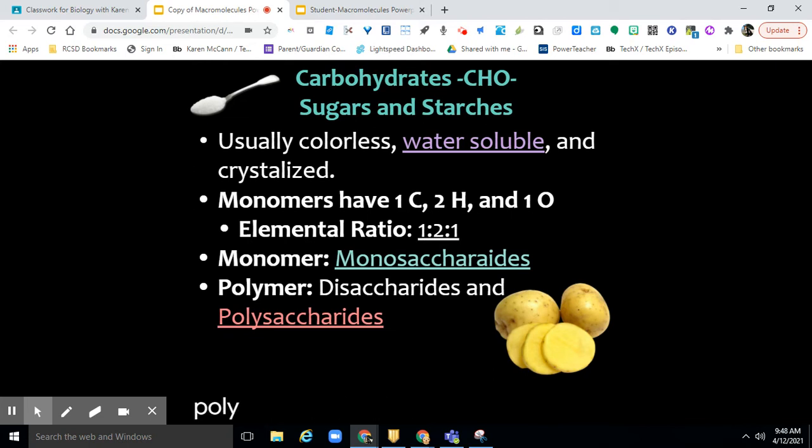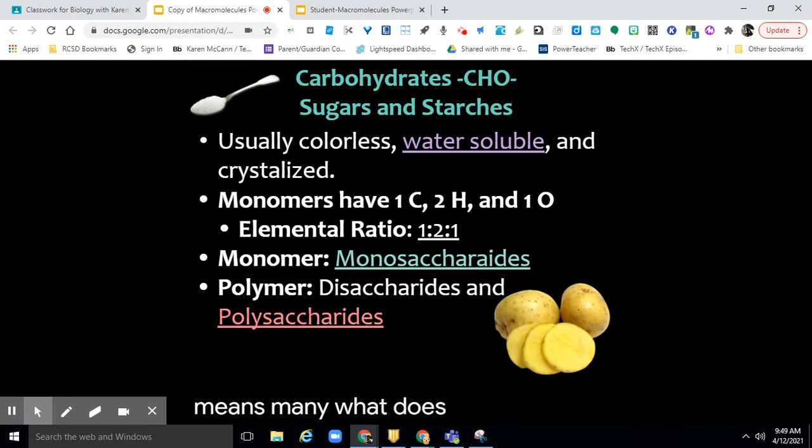The polymer of carbohydrates are either disaccharides or polysaccharides. What does poly mean again? Think about it. If you thought many, you are correct. Poly means many.